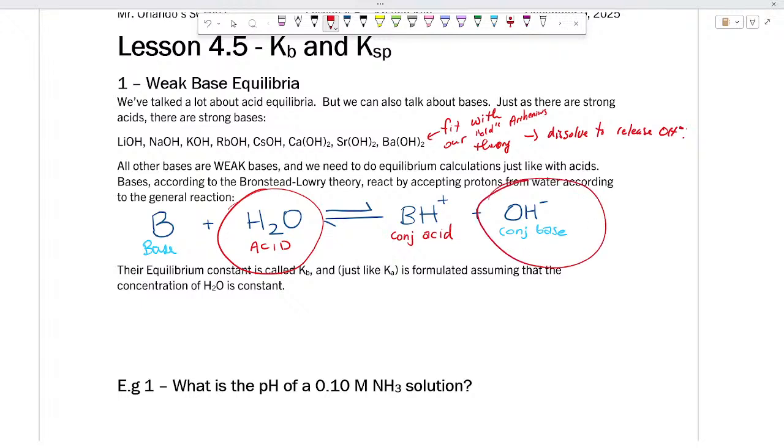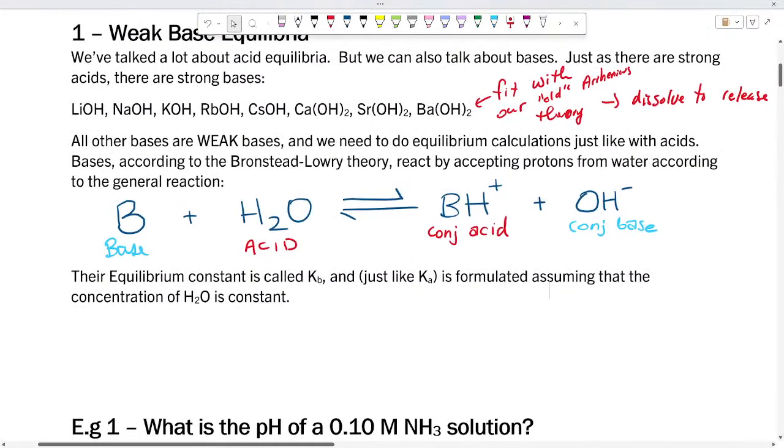Now this reaction also releases OH- ions, but the base doesn't have to have an OH- ion on it. The OH- ion actually comes from the water. It's the water giving up its hydrogen. It's the water acting as an acid that results in the formation of that OH- ion, the hydroxide ion. Yeah, you had a question. Why'd you put acid under H2O?